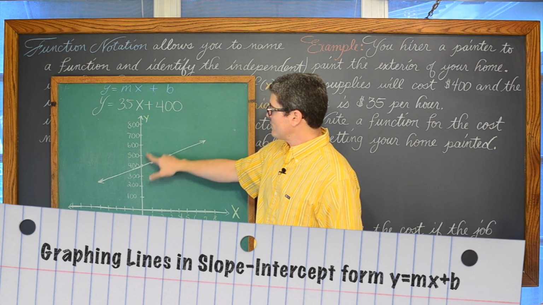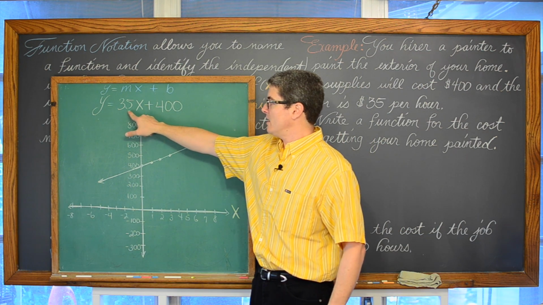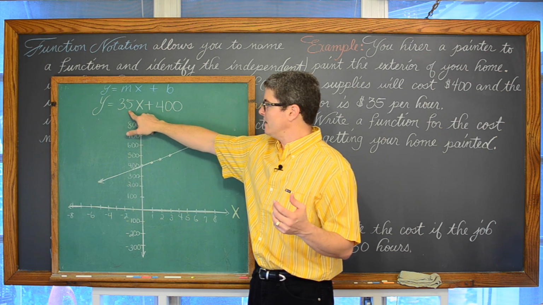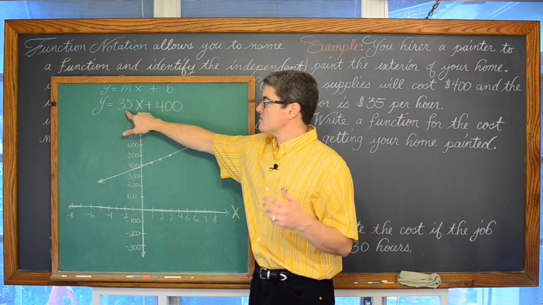We have a y-intercept of 400 and a slope, that's the number in front of the x, the m, is rise over run.